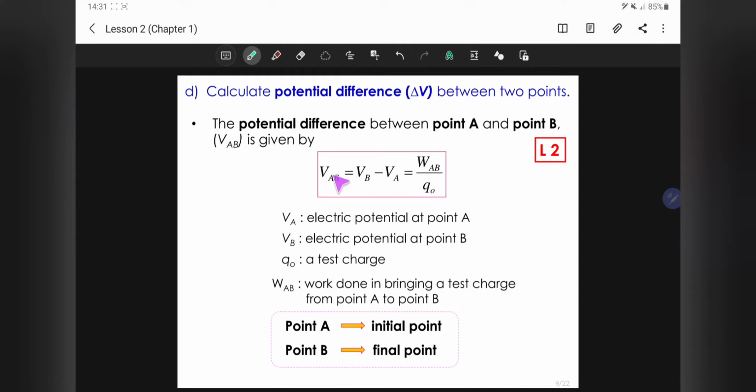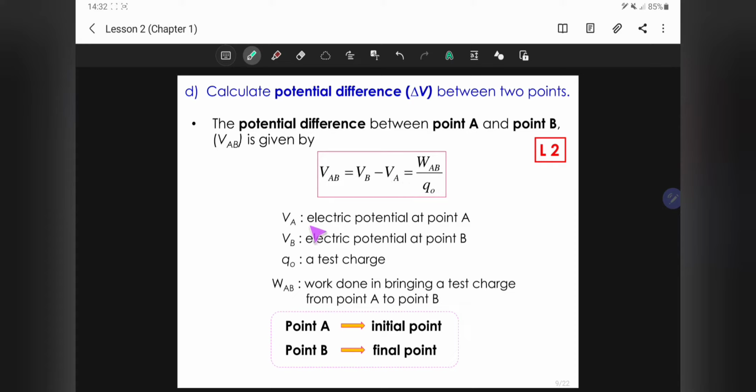What does it mean? A represents the initial point or position, and B represents the final point or position. So delta V must be V final minus V initial. For work AB, it is still the same: work from A to B, where A is the initial position and B is the final position. That is why the equation is VB minus VA.